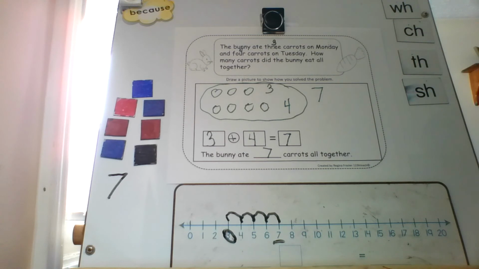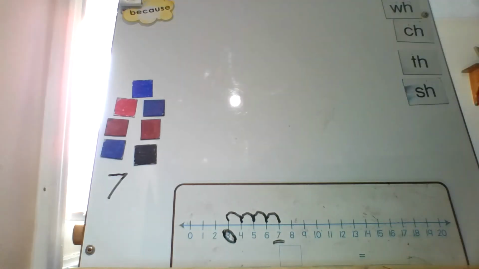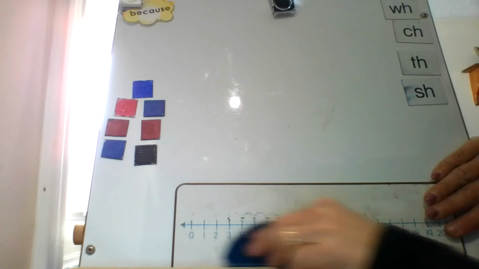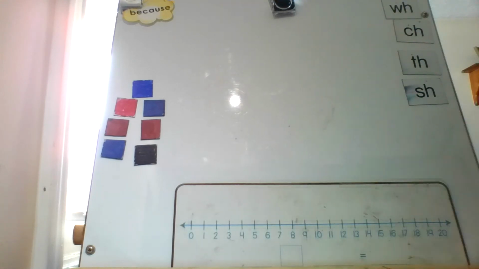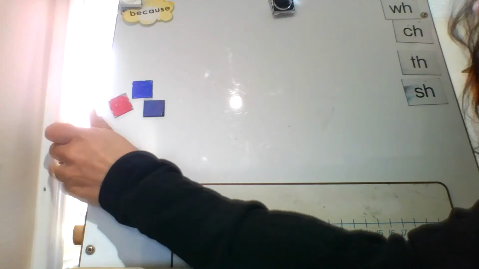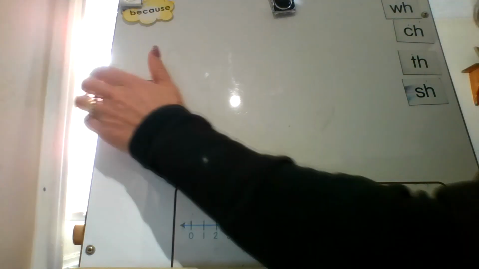Okay, I'm going to erase and do one more, and I'm going to do it slowly so that you can do it also at home. So let me get everything erased. Get all my counters back in my pile.